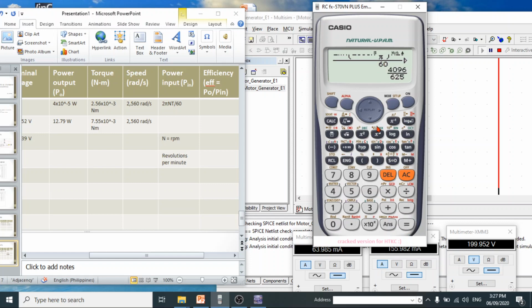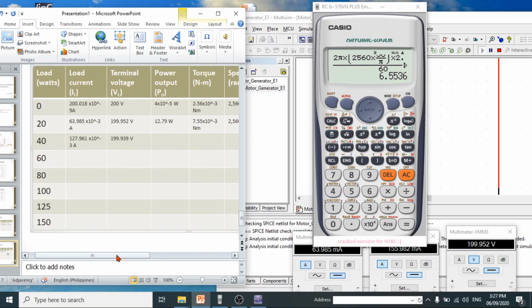Press equals, and then you will have an answer of 6.5536 watts as the input.